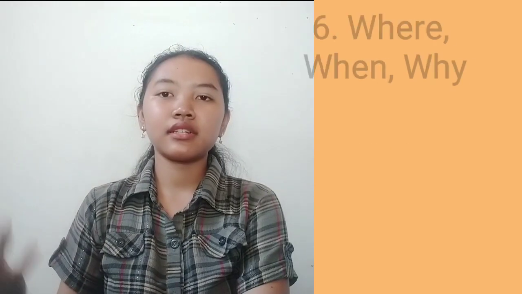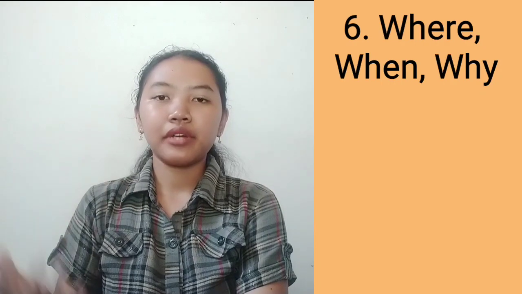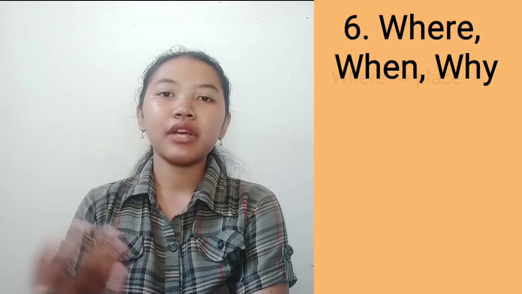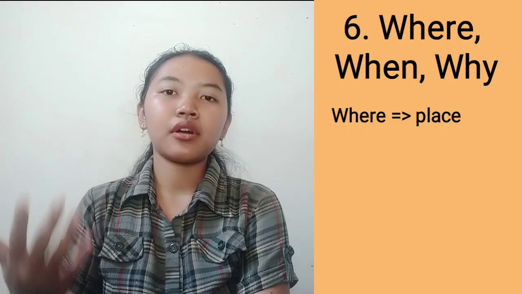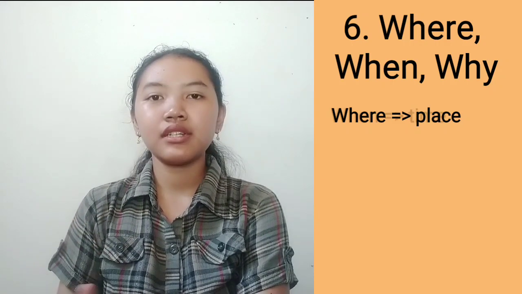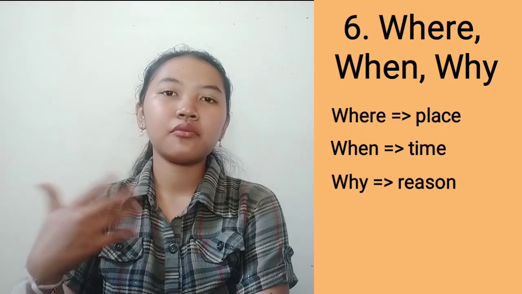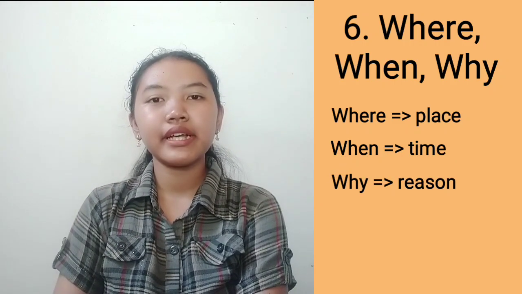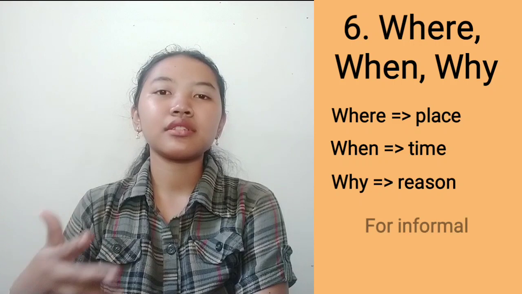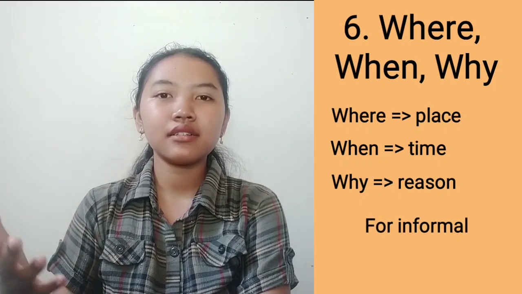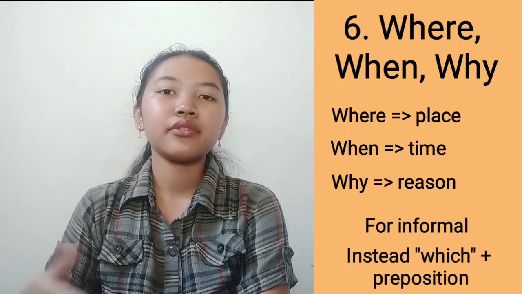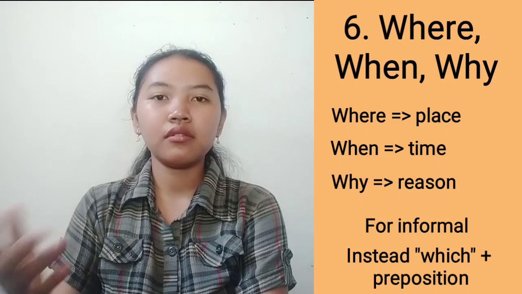The sixth is where, when, and why. Where is used for place, when is used for time, and why is used for reason. They are usually used in informal, and instead with preposition that sounds formal.